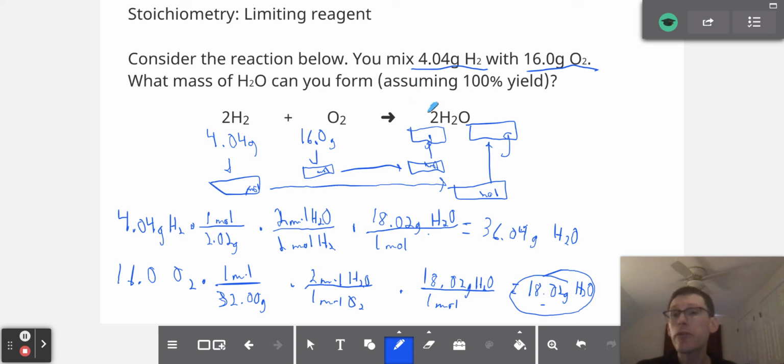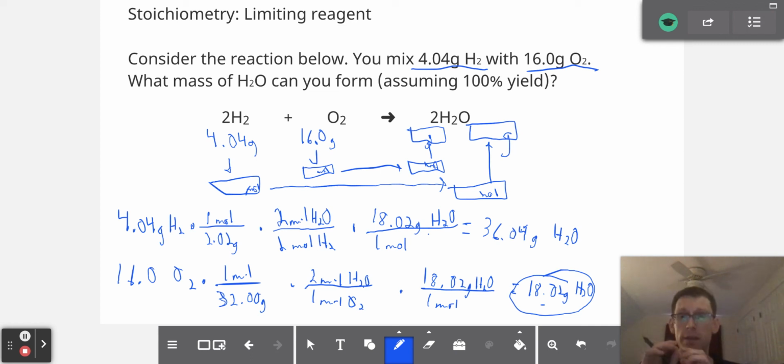So how do you recognize a limiting reagent problem? Quite simply, if you're given actual amounts of multiple reactants, then you can tell it's going to be a limiting reagent problem. If you're told, here's an amount, a number of grams or moles of something, and the other starting material is in excess, then that's classic stoichiometry.